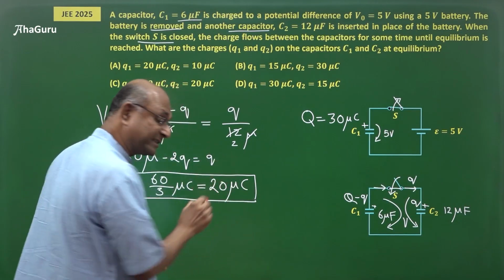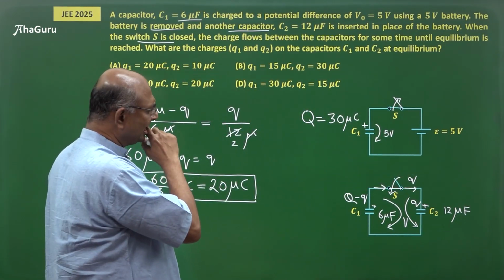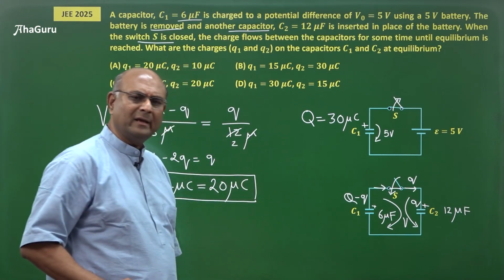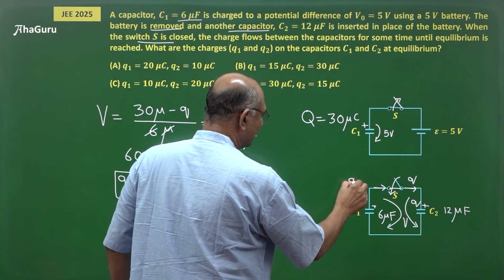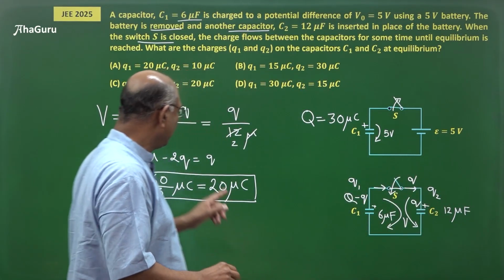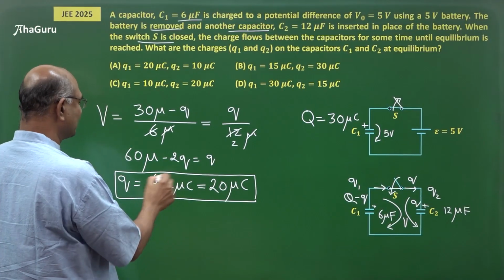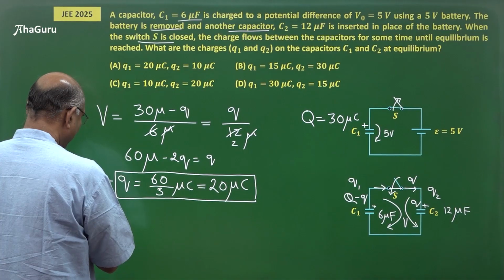Is this the answer to the question? No, this is the charge that flows. So then what will be Q1? This is Q1, this is Q2. Q2 is equal to 20 microcoulomb. But what is Q1?